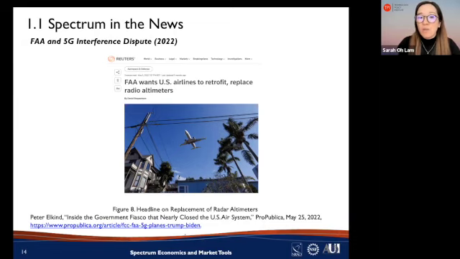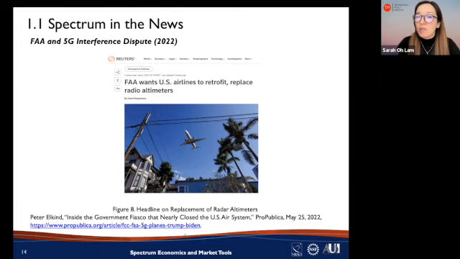Is it the new 5G networks that want to bring in new technology, or is it the old neighboring technologies that are using radio equipment that could be retrofitted and replaced to be able to handle 5G transmissions? You'll hear different things from the airlines, from the defense industry, from the wireless industry, with claims about who bears the cost to make room for each other.